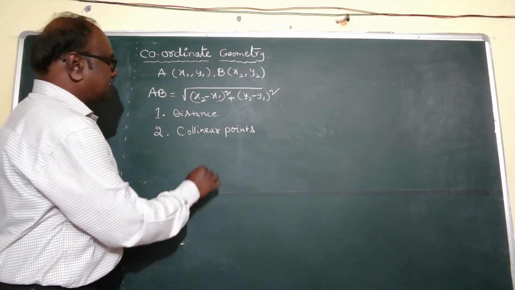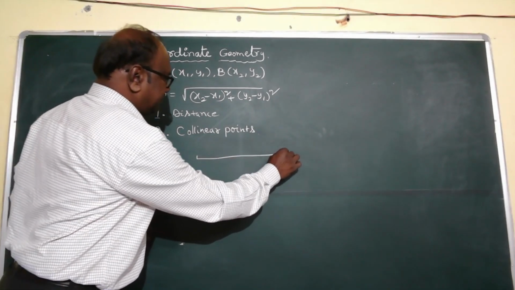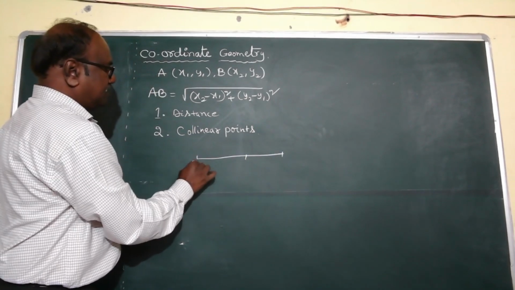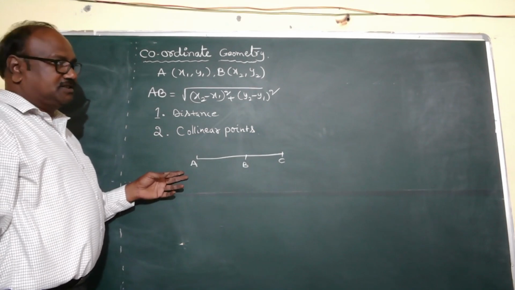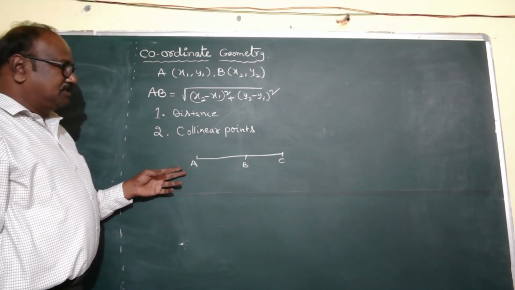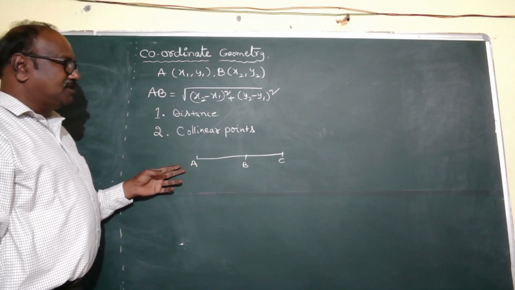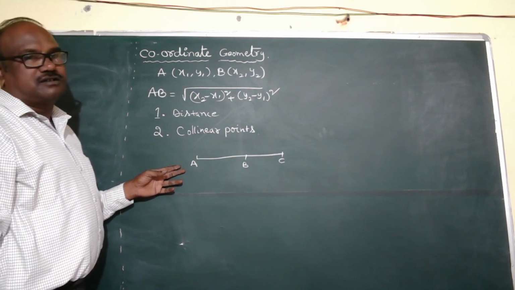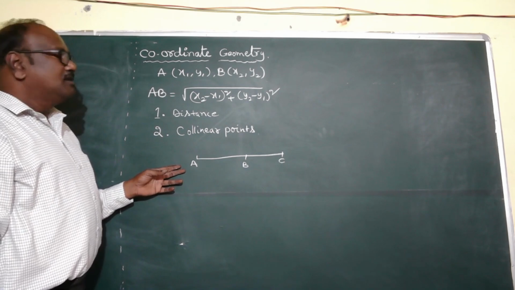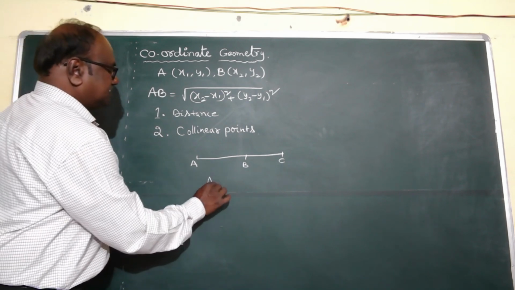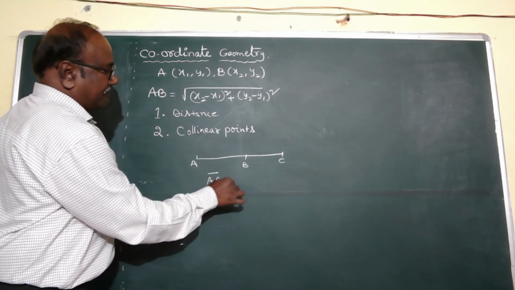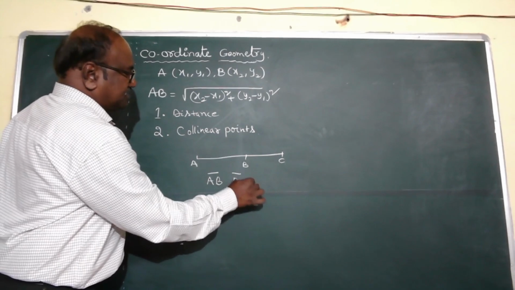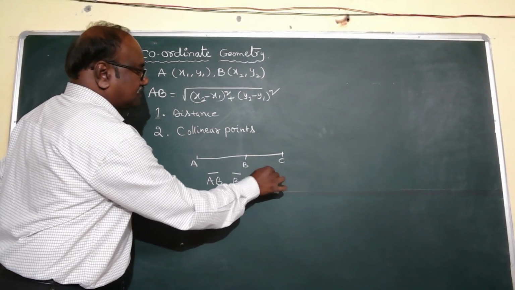Suppose 3 points are given, A, B, C. Now we can check whether these 3 points A, B, C are on the same straight line or not, that is, whether they are collinear or not. By using the distance formula we can find the lengths of AB, BC and AC.